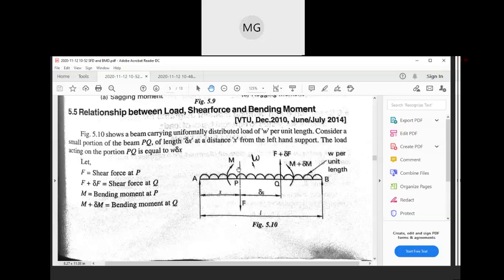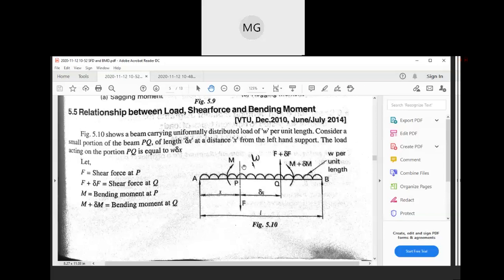W is the magnitude and dx is the length, because for a UDL we measure W per unit length, Newton per meter. Newton is the magnitude, per meter is per unit length. So here the total load is W dx.